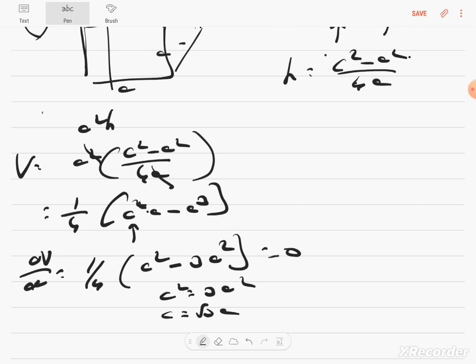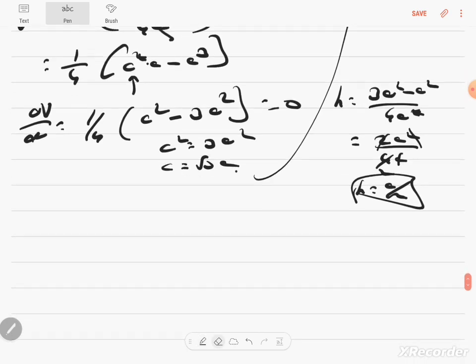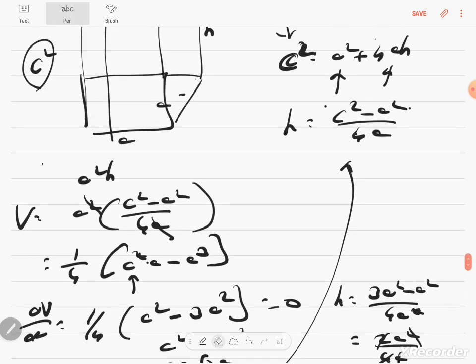if the open box with the square base is made up of a given quantity of cardboard c square, then show that the maximum volume, you're supposed to find the maximum volume. You got c substituted here, find the h, which is 3a square minus a square by 4a, which is 2a square by 4a. a and a get cancelled, h is equal to a by 2. Everything has to be got in terms of c, because c is a constant.